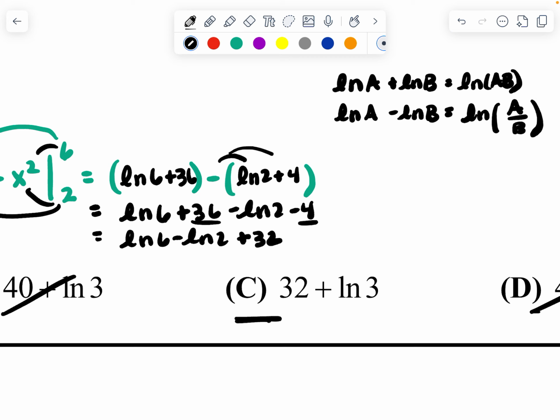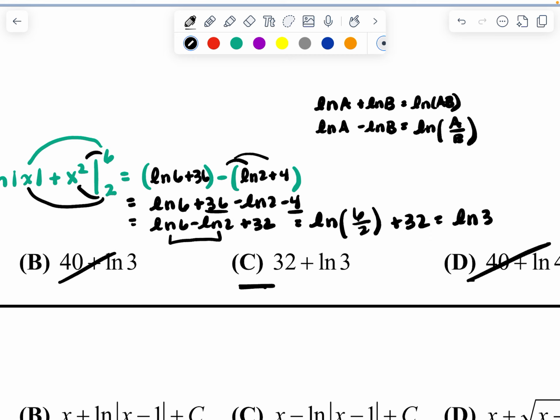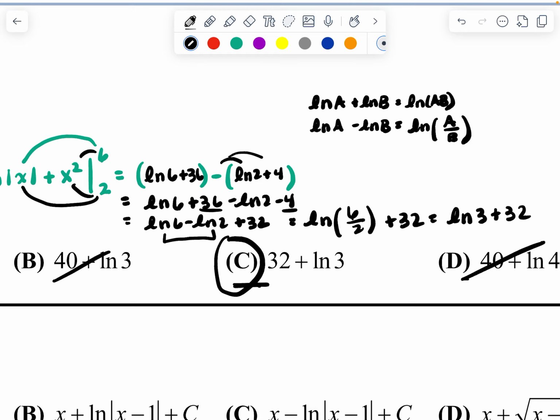So that's what we want to use here. Because we're subtracting, I can rewrite this as the ln of 6 divided by 2 plus 32. And 6 divided by 2 is 3, so this is the ln of 3 plus 32, okay? Leaving me with the answer C, all right?